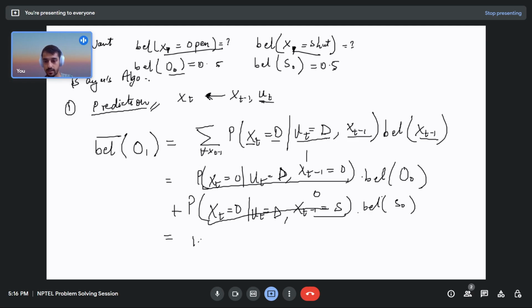So it becomes 1 multiplied by 0.5 plus 0 multiplied by 0.5, which is 0.5.